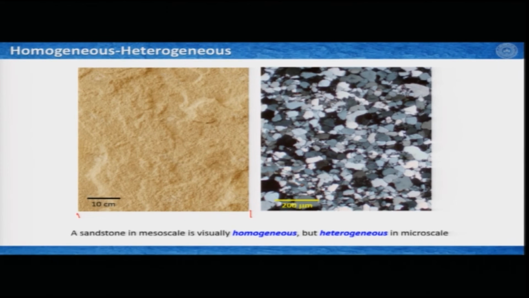And if we have some tools, if we can measure some other properties like electrical conductivity of rocks, hydraulic conductivity and so on, then we might find that this material is very much homogeneous. And if I make a thin section of this little rock and then I observe it at this scale, then I figure out that it is not at all a homogeneous material. So the same piece of rock, I am looking at two different scales, one is homogeneous, another is heterogeneous.